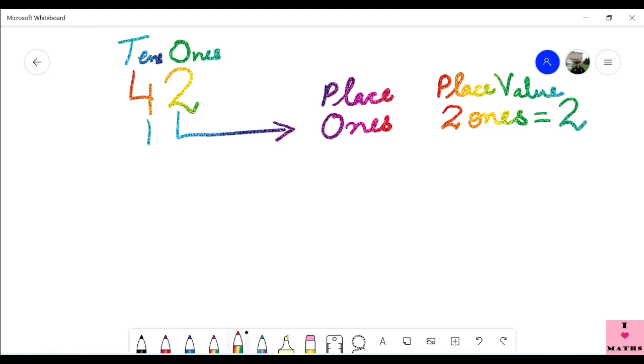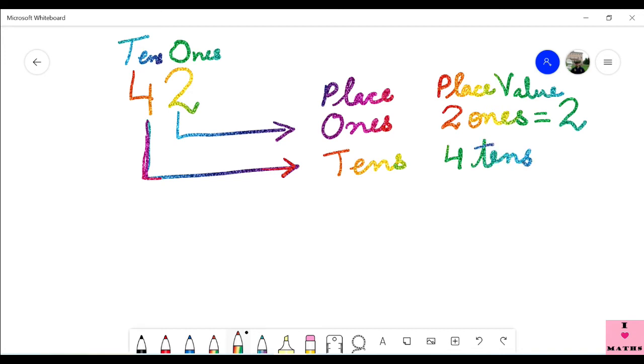Now let us look at 4. In 42, if somebody asks you at which place is 4 lying, then the place of 4 is tens and the place value of 4 is 4 tens.